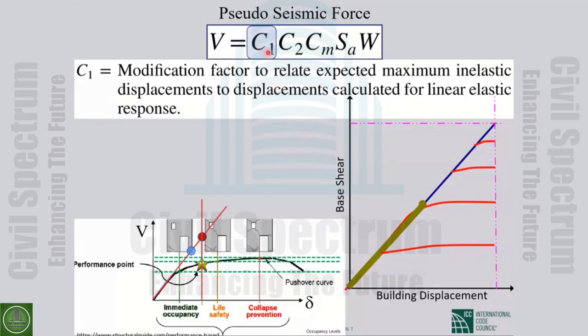For which buildings? This C1 is a dynamic property of the system. It depends on the period.